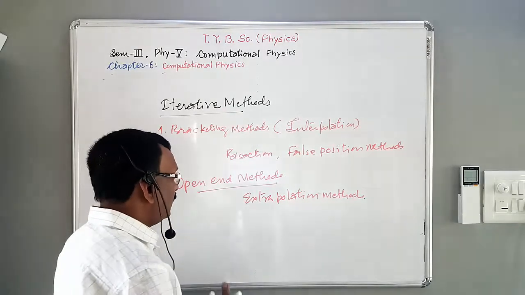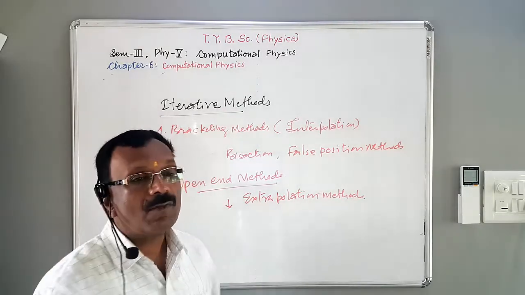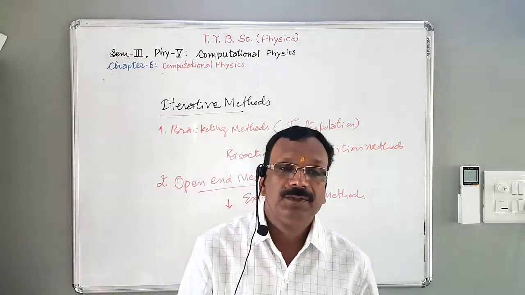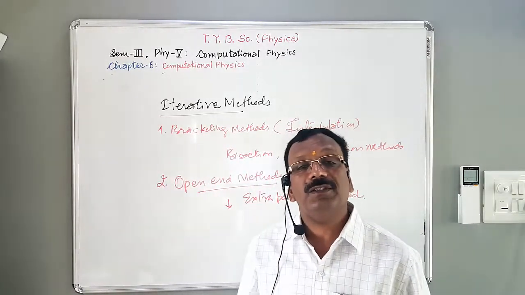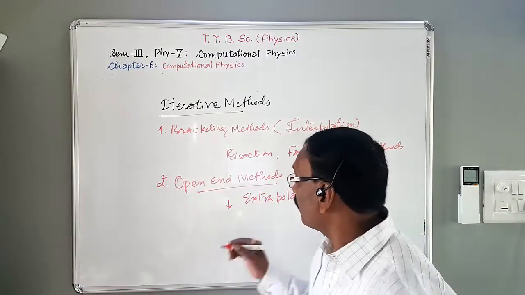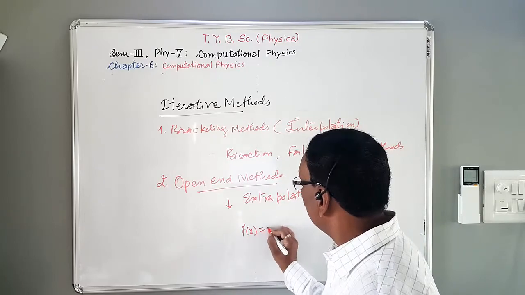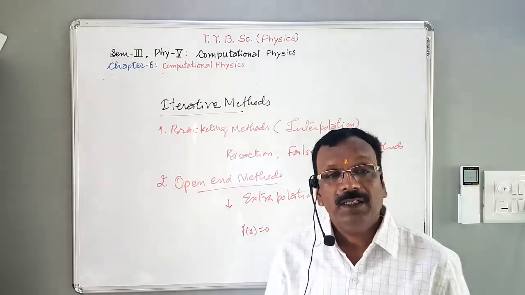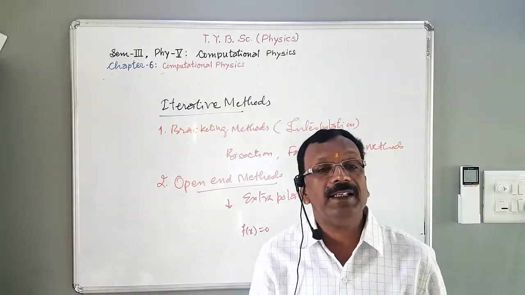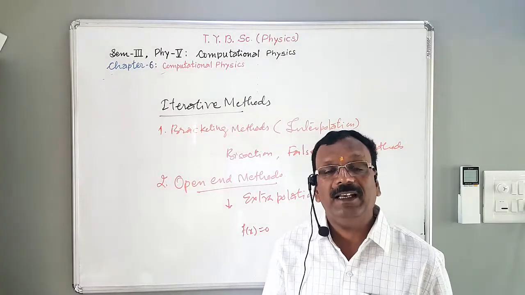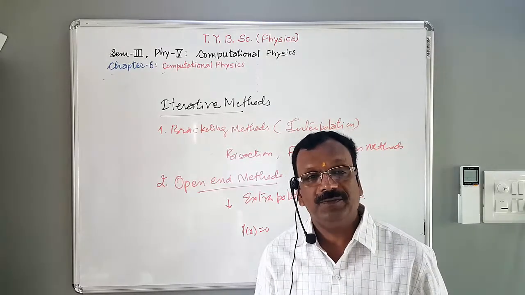Now we are going to concentrate. In science and engineering, we come across equations in the form f of x is equal to 0. Here x and f of x may be complex or real or vector quantities.